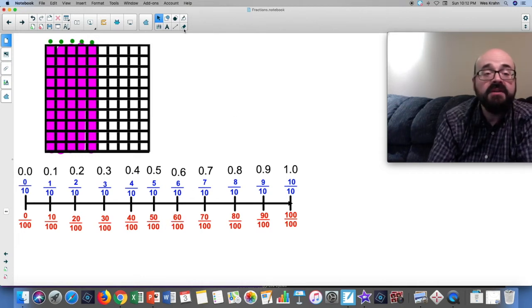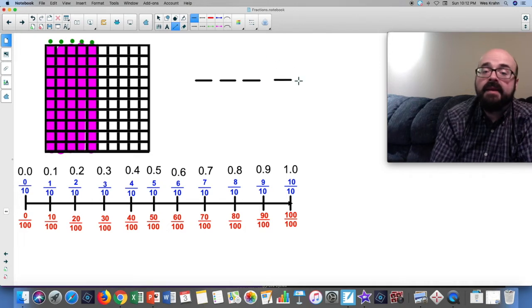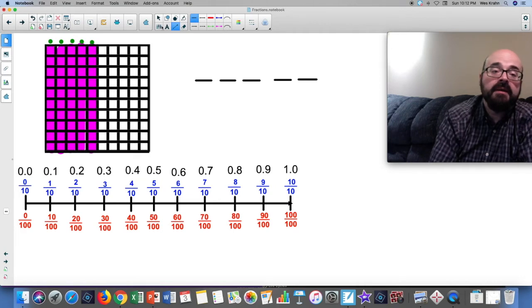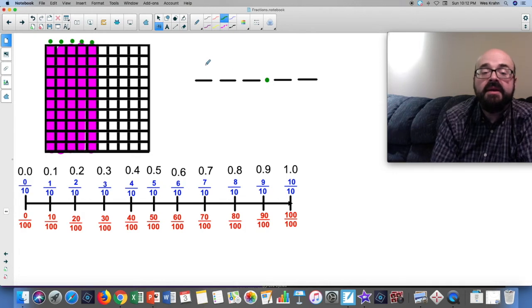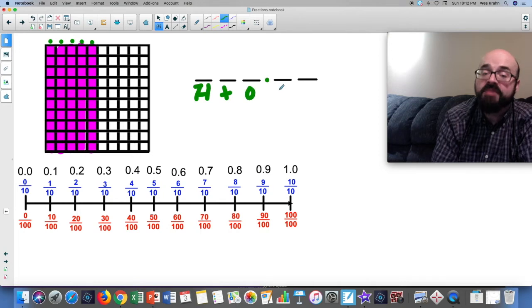Well, if I take a look at my place value chart, I'm only going to do some of them here. I'll put my decimal right there. This here is going to be my hundredths place value. Sorry, I almost put a T there. And this is going to be my tens place value. This is going to be my ones place value.